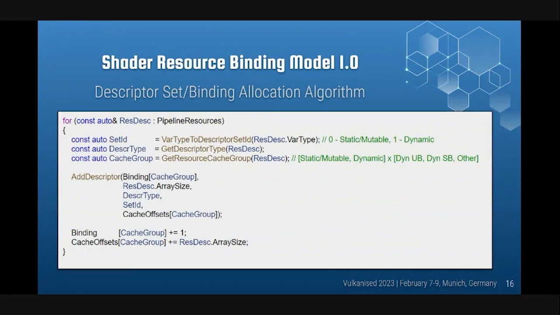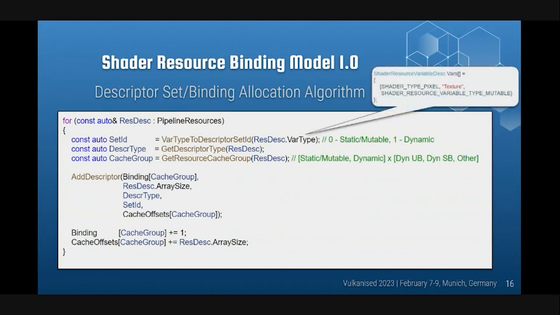And so this is the pseudocode for the function that assigns descriptor sets and distributes resources between descriptor sets. It goes through each resource that was identified by the shader reflection, and it uses the variable type that, as you remember, was defined by the application through the shader resource layout. So it uses this variable type to find the descriptor set ID. Again, 0 will be a descriptor set for static and mutable resources, and 1 will be for dynamic resources.